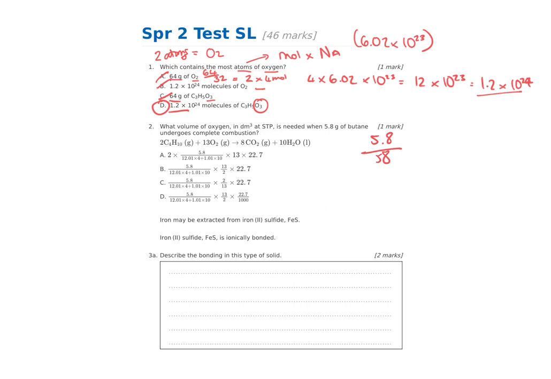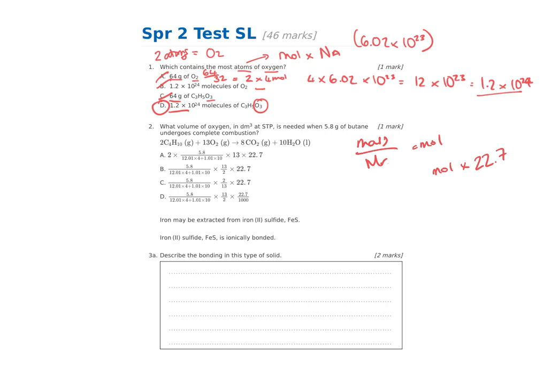So it's going to be 0.1. Oh, in fact, I don't even need to do that, do I? Looking at the calculations, I don't even need to work out the 58. So it's going to be mass over Mr, which is going to give you your moles. And then it's going to be moles times 22.7.